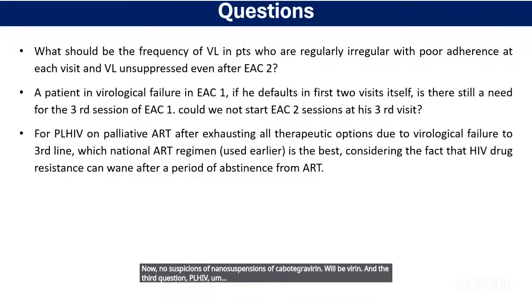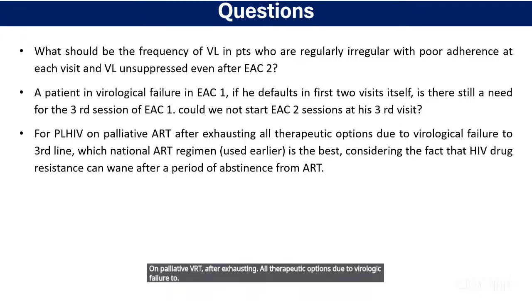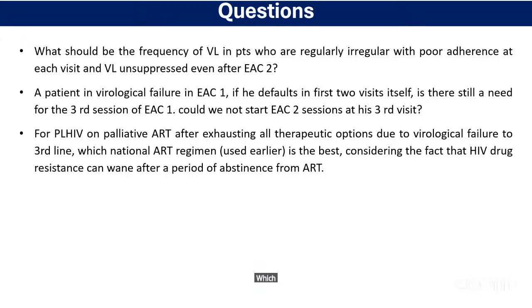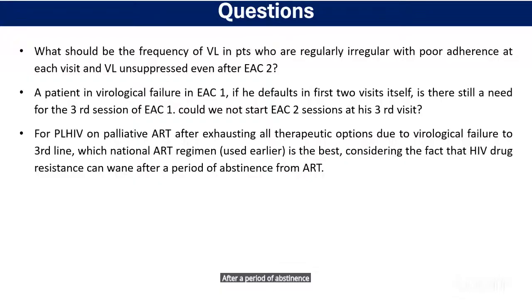And the third question: PLHIV on palliative ART after exhausting all therapeutic options due to virologic failure to third line, which national ART regimen is the best, considering the fact HIV drug resistance can wane after a period of abstinence from ART? Yes, true.